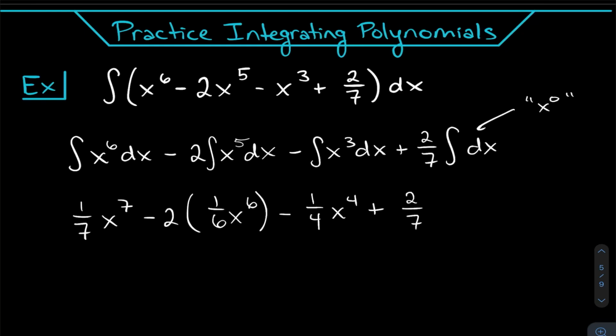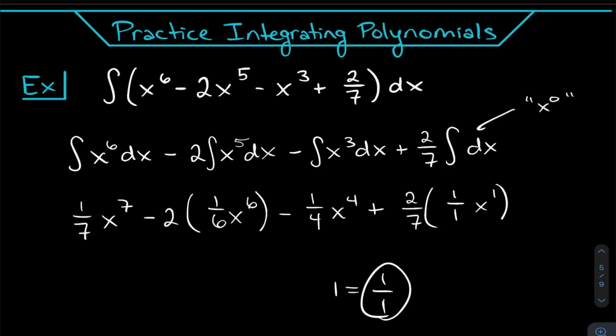And so raise that power by 1, giving you an x to the first power. Bring that 1 out front and flip it. That's just going to still give you a 1 over 1, right? I mean, 1 is already 1 over 1. That's the same thing. But if you flip 1 over 1, it's the same thing.